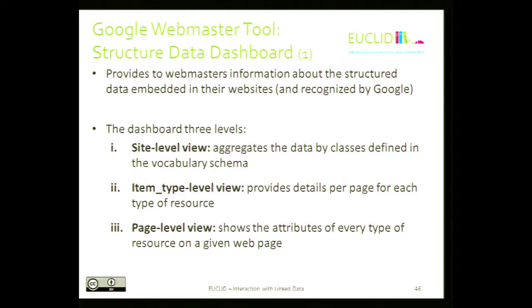There is the site level view, which basically aggregates the structured data available on your complete website. Then you can narrow this down to the item type level view, which provides details per page for each type of resource, that means each class available. And then there's the page level view that shows the structured data available only on a specific page.